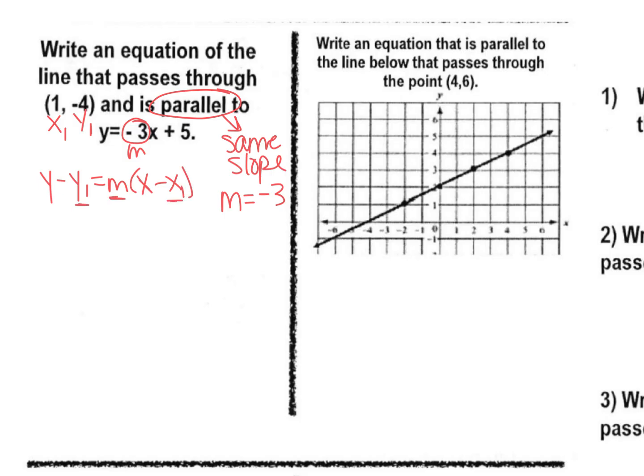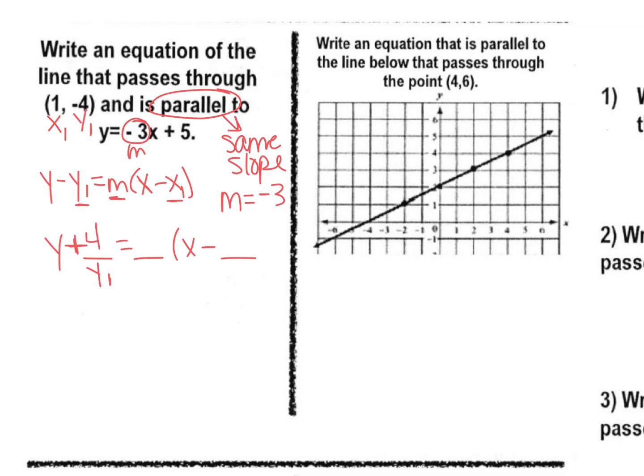And what do we have to remember to do when we put those coordinates into there? We have to flip those signs, okay? So let's start with y minus, what are we going to put there? What is my y1? -4, and if we're going to put it in, it becomes a positive.